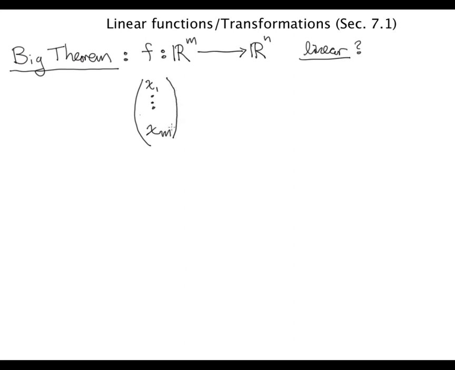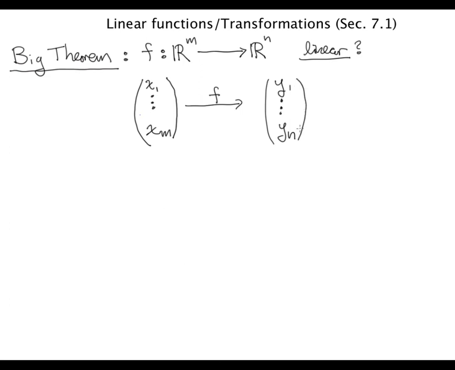I want a function which takes an m vector and gives me an n vector, which I'll write also as a column vector, y1 through yn.